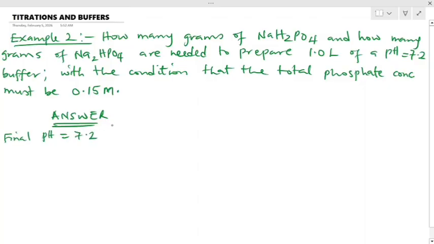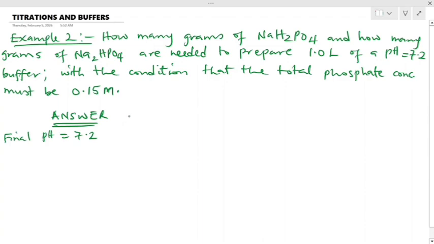So we are going to be adding some sodium dihydrophosphate and sodium hydrophosphate.